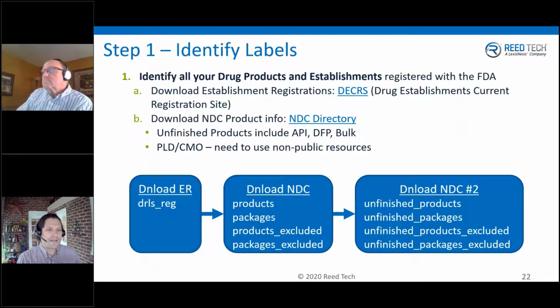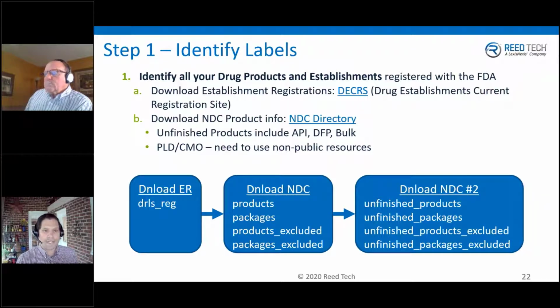All right, so identifying the labels or the product codes that we're going to be certifying. The main location that we tend to start with is the facility registration location. So starting at the DECRS site, or the drug establishment current registration site, to view whether the facility being registered is active, and whether the facility on the actual drug listing is active and current.